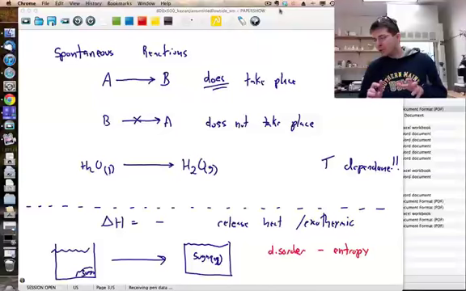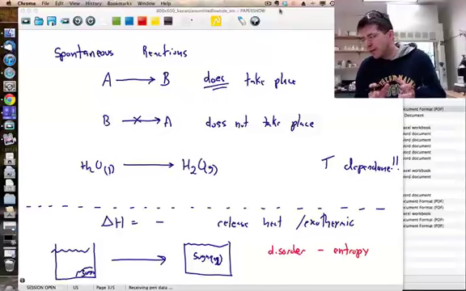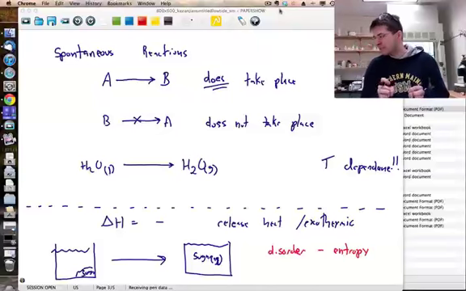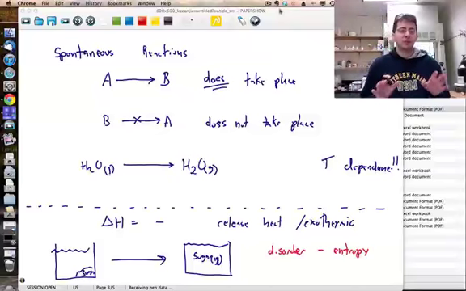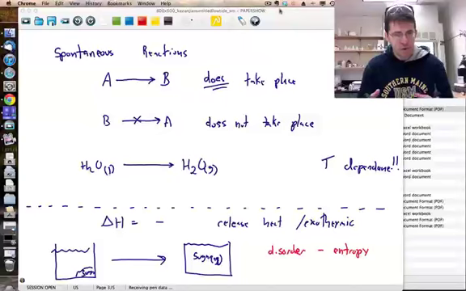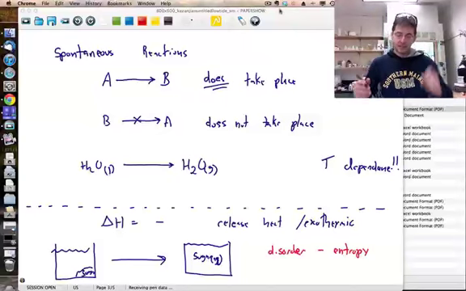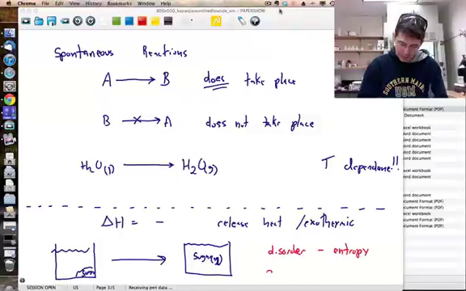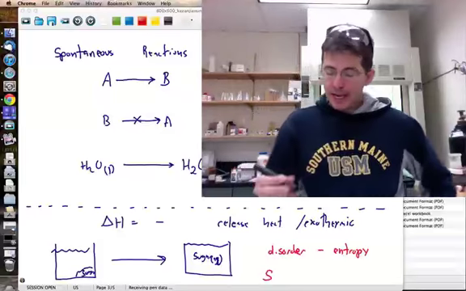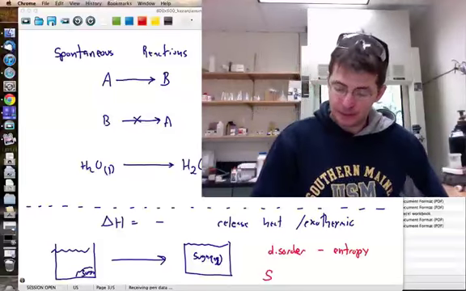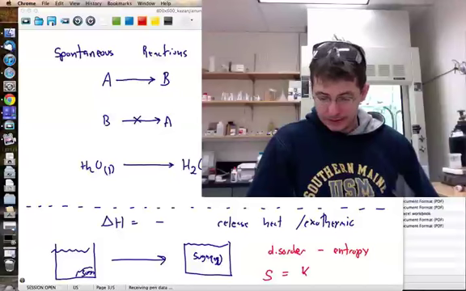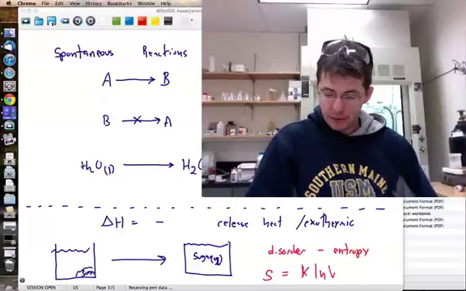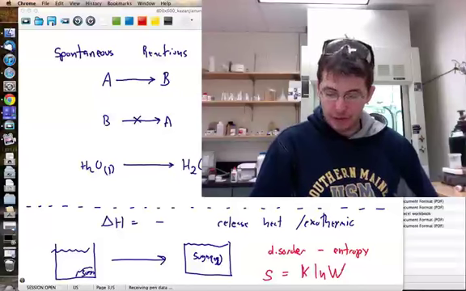Entropy, as your book describes it, is a measure of how spread out or dispersed the energy of a system is among the different possible ways that the system can contain energy. Think of it as disorder, the amount of randomness introduced in the system. The symbol for entropy is S. The entropy of the system is equal to k times the natural log of W, where W is what we call the microstates.